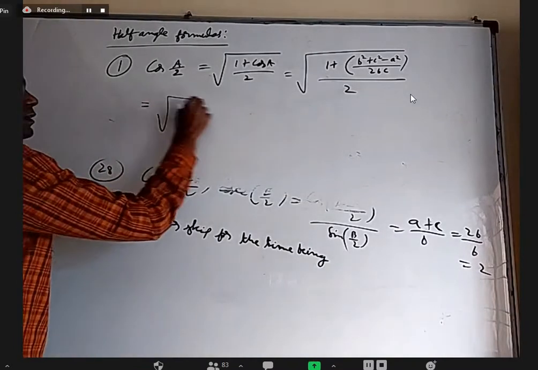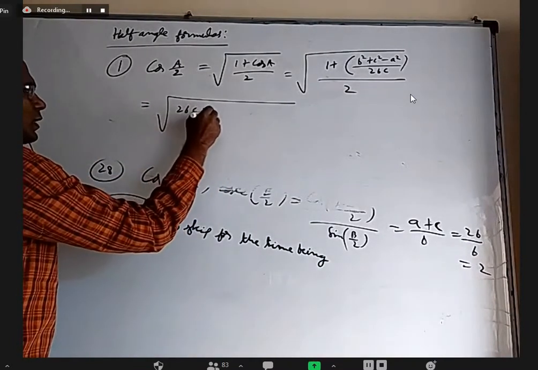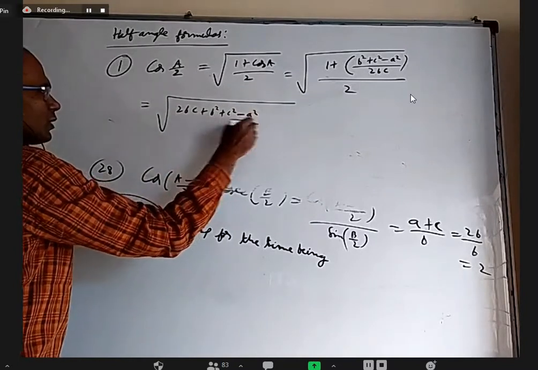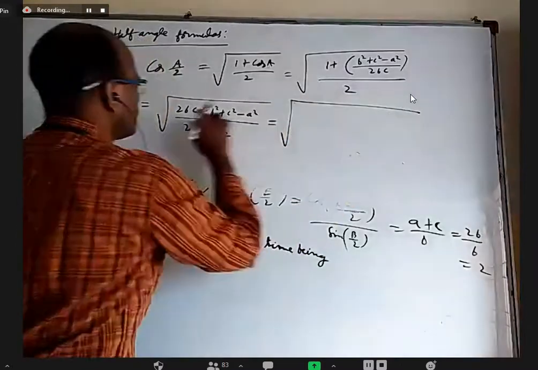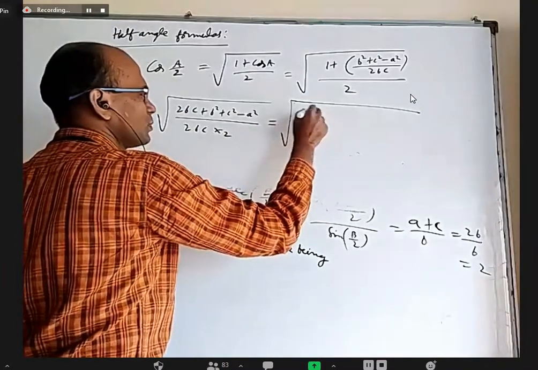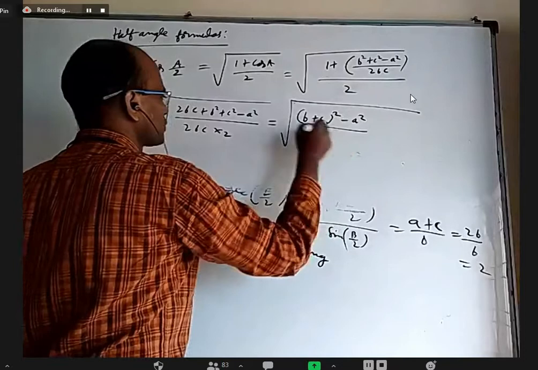If you take LCM here, you will get (2bc plus b square plus c square minus a square) by 2bc into 2. These three together is a perfect square, which is (b plus c) whole square minus a square by 4bc.